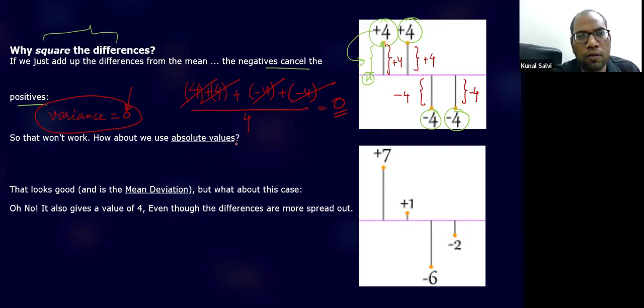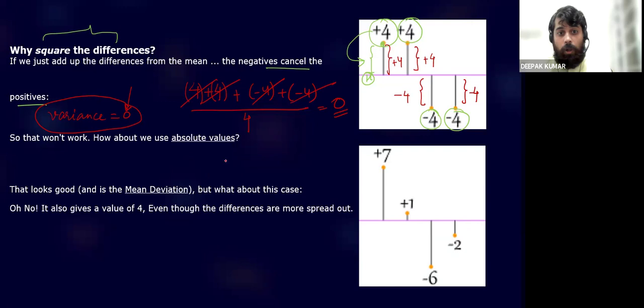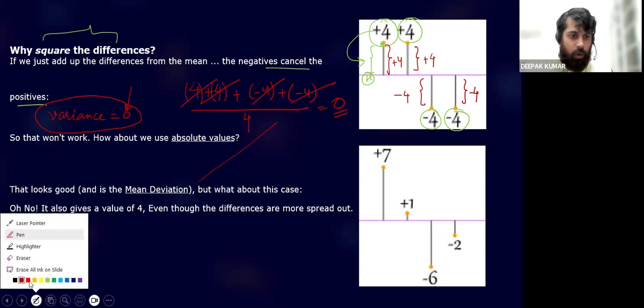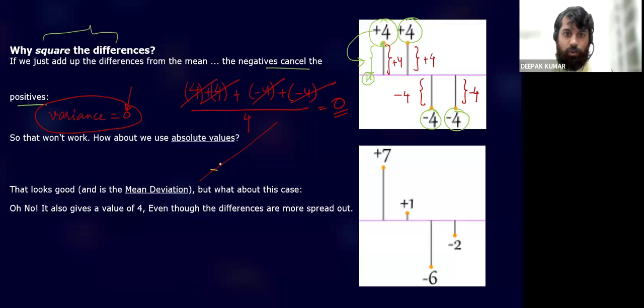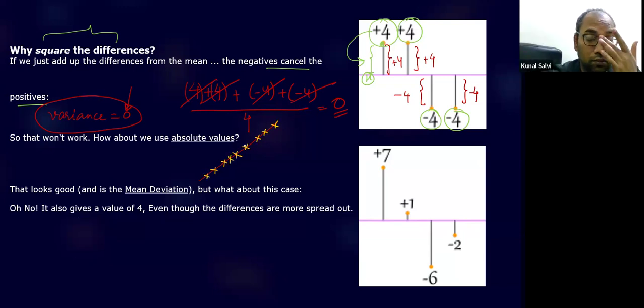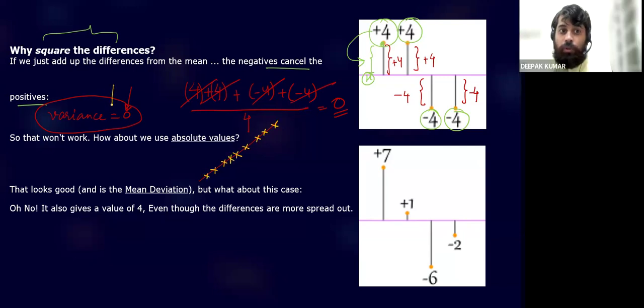That also means that all the points, say suppose this is the line of the mean, are actually lying on this line. Am I correct? Right. So variance equal to 0 most of the time gives a false impression that all the points are on the mean.